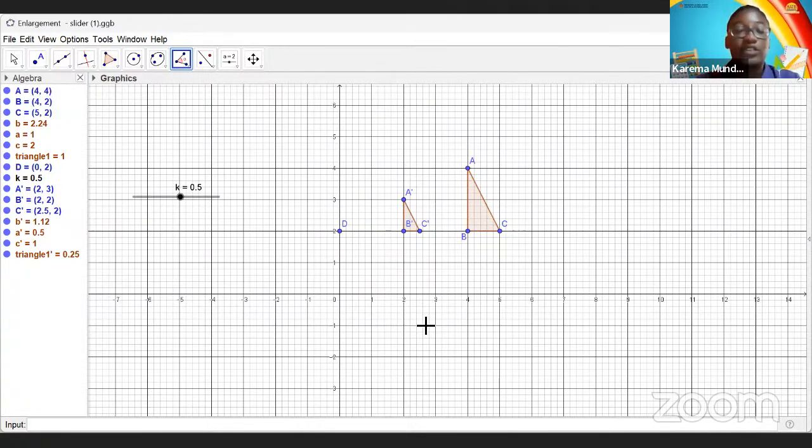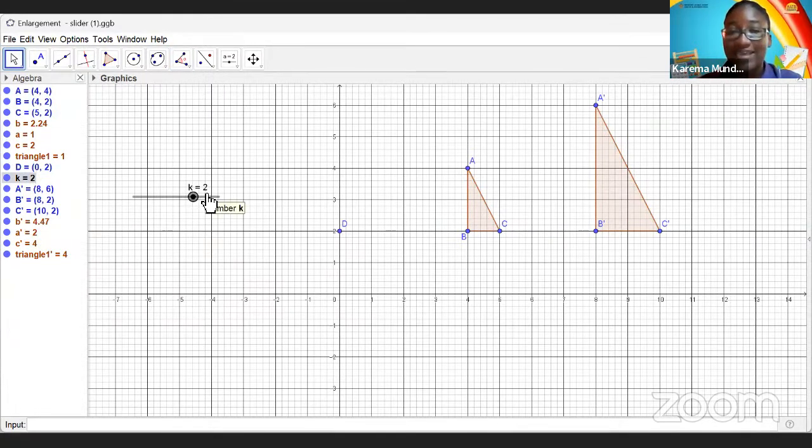All right. So we're noticing here that the scale factor is really giving us some good information. Remember, we said earlier that the scale factor tells us by how much the figure is reduced or enlarged. When the scale factor was 2, we noticed all the measurements were being doubled.